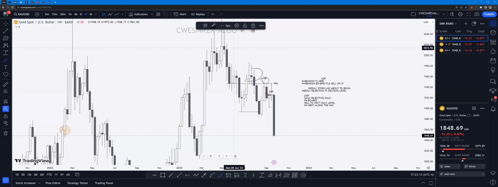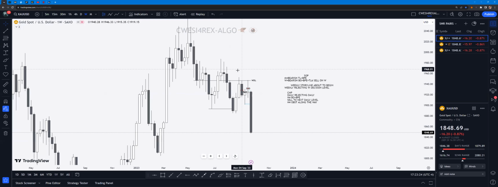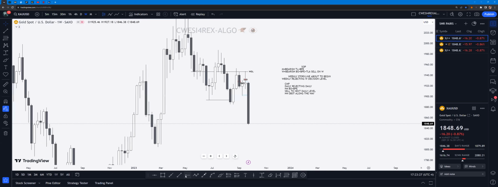Look at the left hand side always. Let's check if we have any levels over here. I saw that we have this level that I explained to you guys. It's more like a support that got broken.